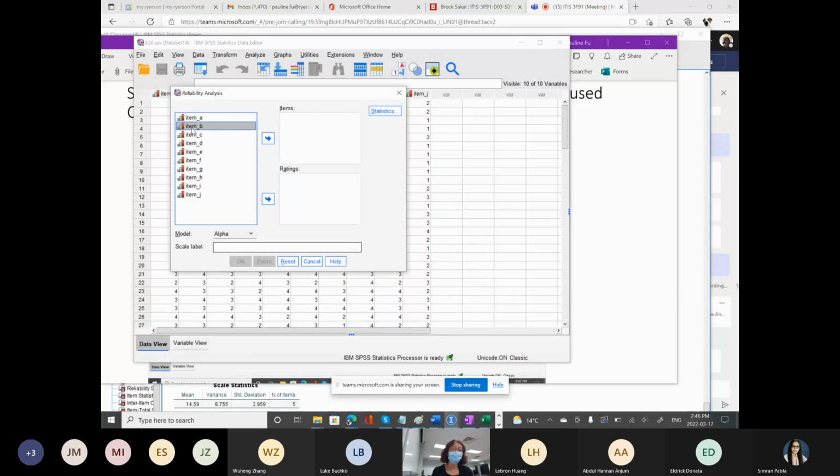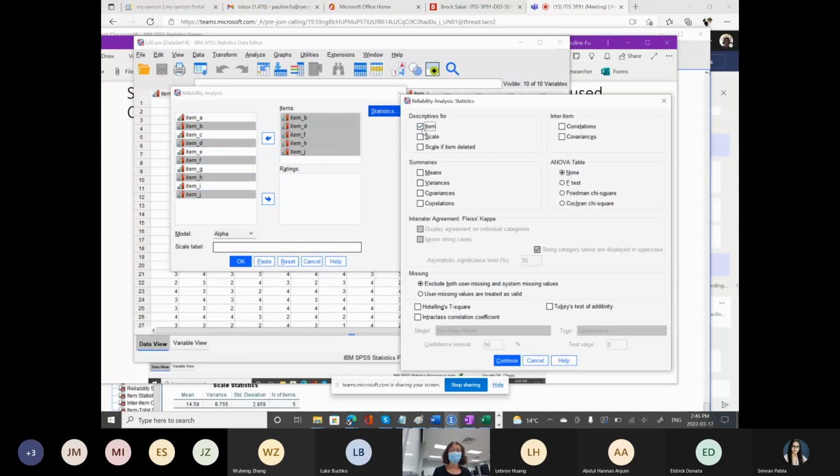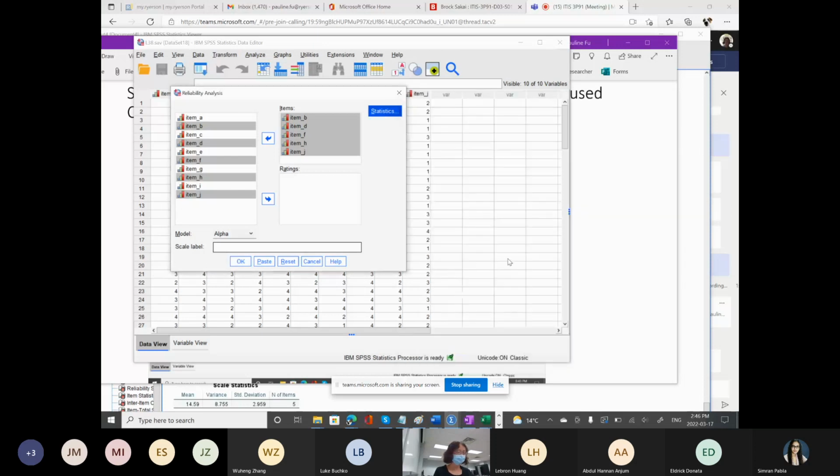By using Control, select B, D, F, H, J. Click this arrow, then Statistics, check item, scale, scale if deleted, correlation, and click Continue.